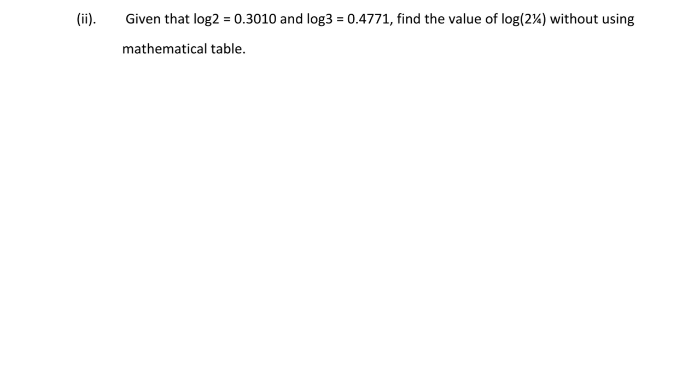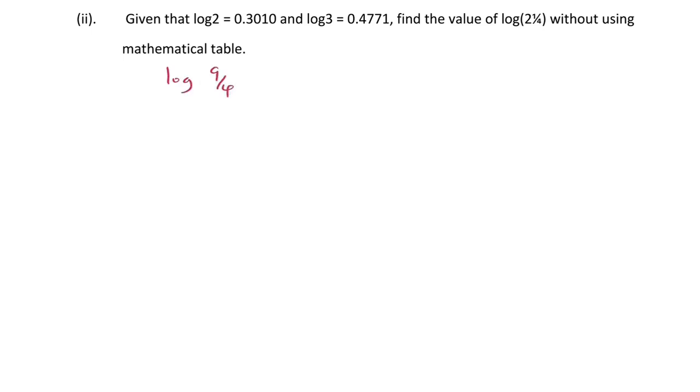Okay, so this one is a logarithm problem, and to solve this, first let us express this log 2 1/4 in the form that will help us to substitute the values of logarithms given. So first, we are going to express this mixed fraction as an improper fraction. Then we are going to have log 9/4.